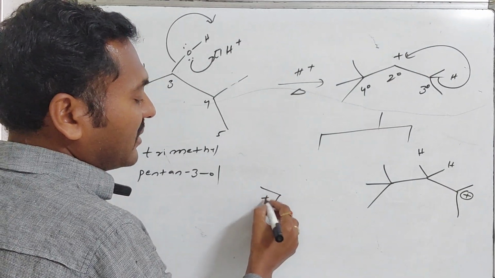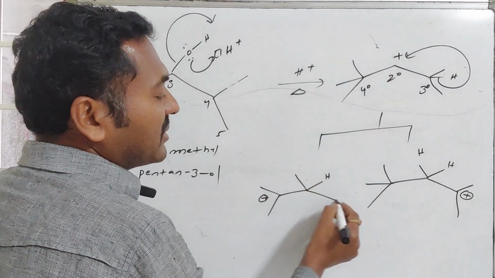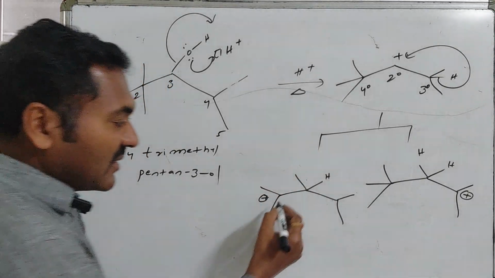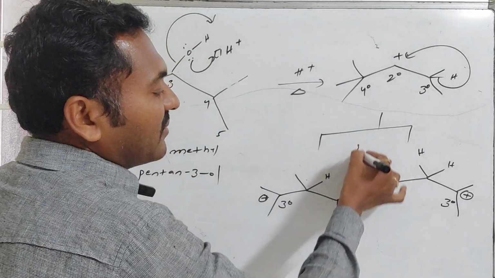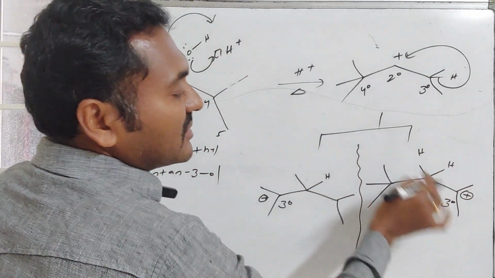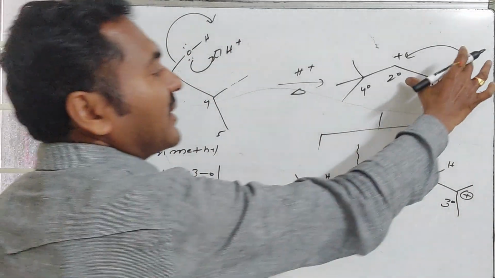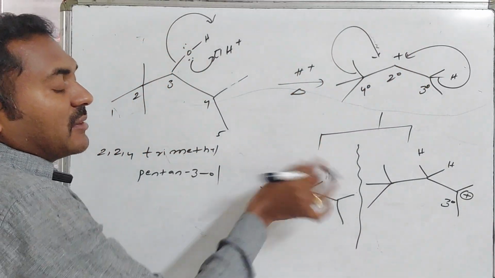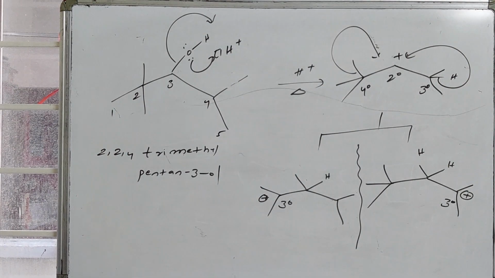As a result it becomes tertiary, with the methyl and dimethyl system present here. This is also a tertiary carbocation. In one case, the hydride ion shift occurs and converts it to the corresponding tertiary carbocation; in the other case, the methyl shift is possible and converts it to the corresponding tertiary carbocation.